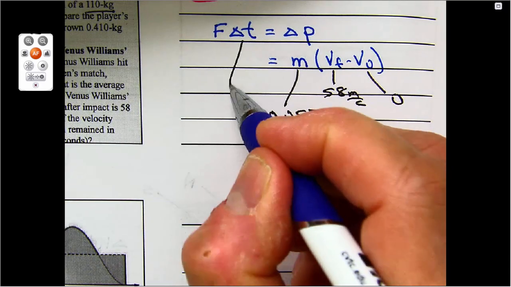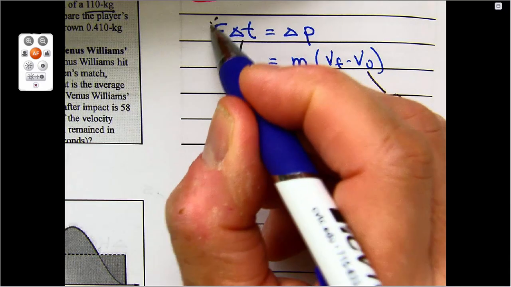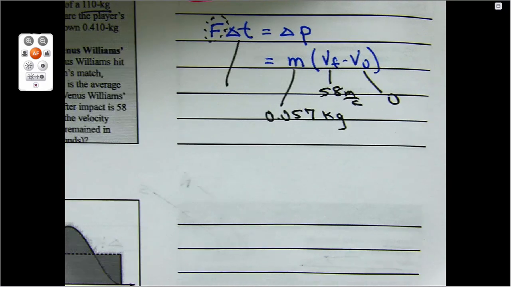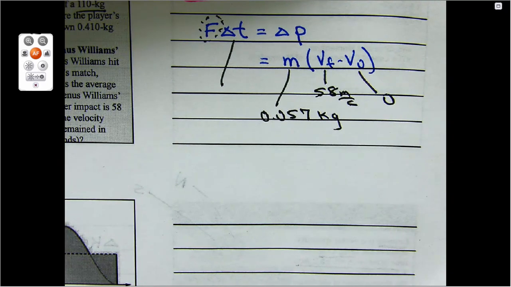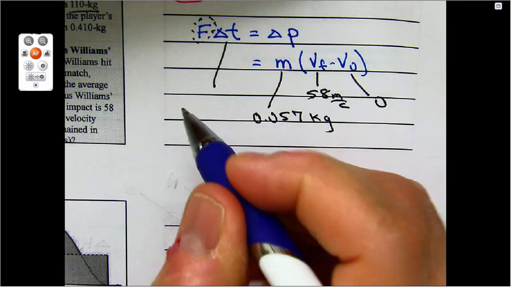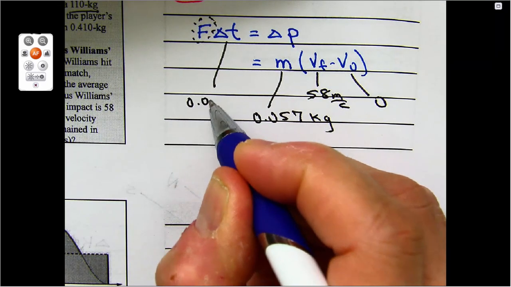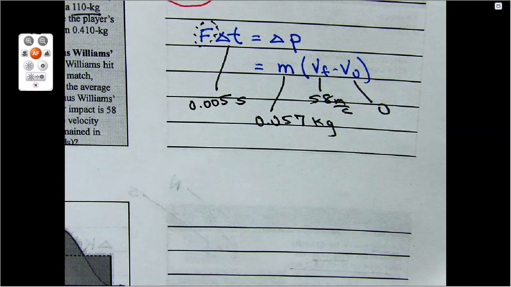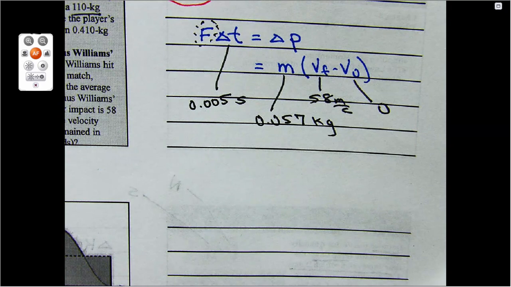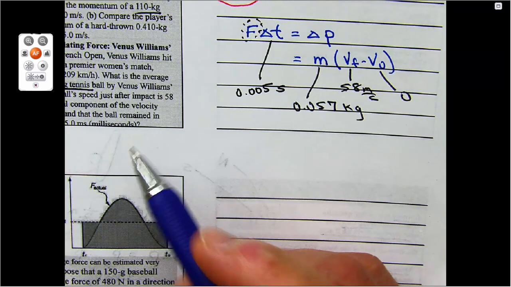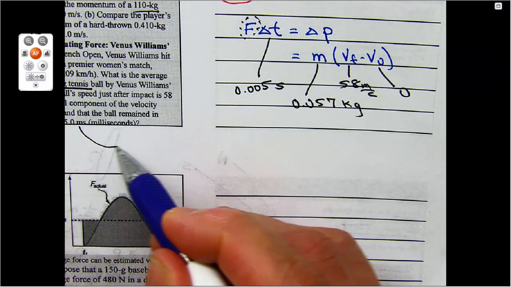The contact time, we're looking for force, 5 milliseconds. How many seconds in 5 milliseconds? .005 seconds. So that is your time, yes. It's down here, it's barely. Here's our 5. Can't see it by much.